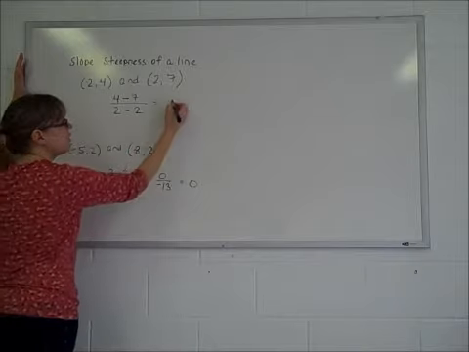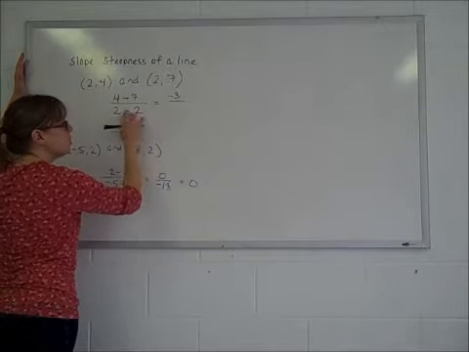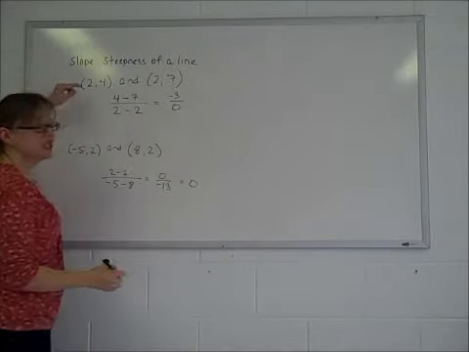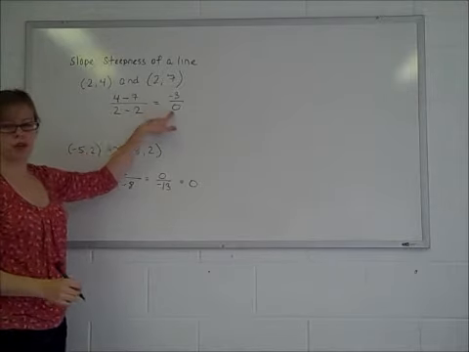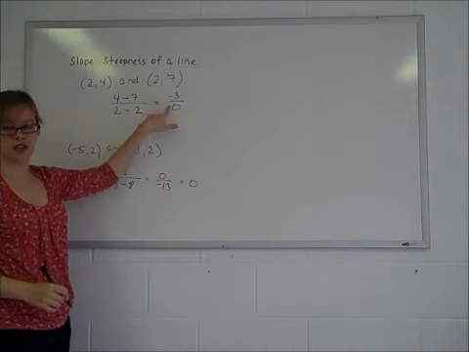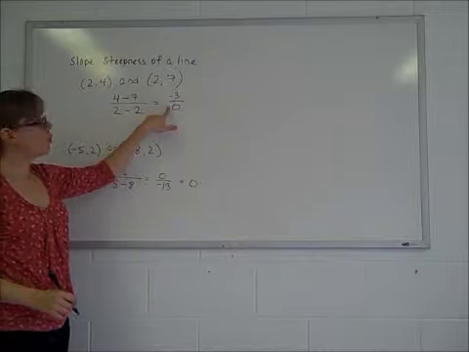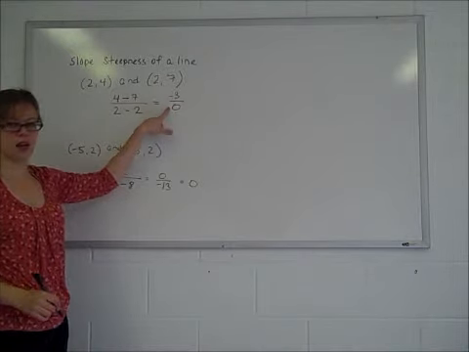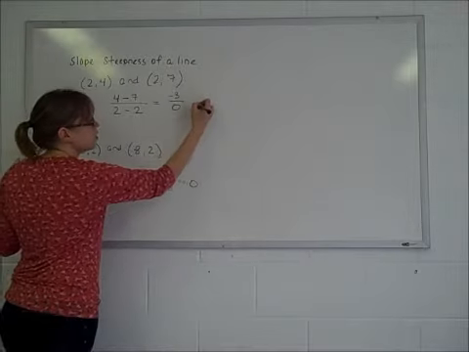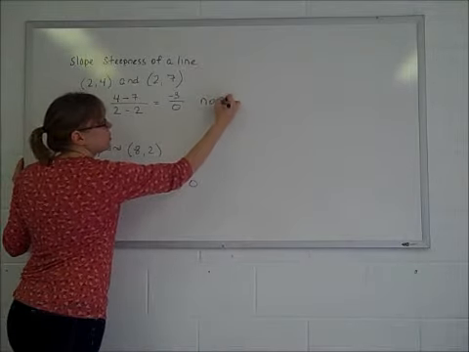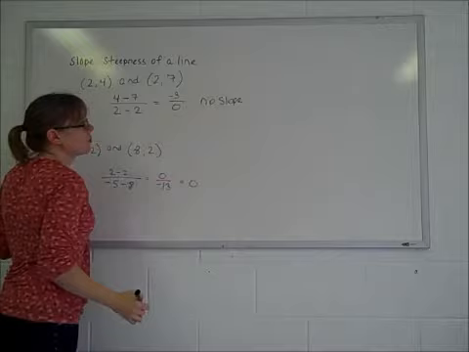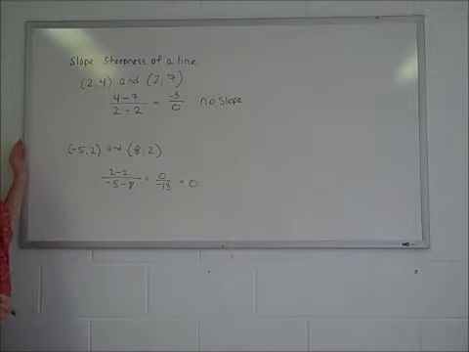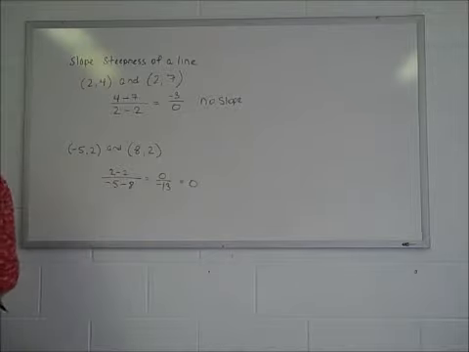So 4 minus 7 is negative 3. 2 minus 2 is 0. This isn't going to work. I know that I'm not allowed to break something into nothing parts. So if I was to plug this into the calculator, it's going to give me an error and say error divide by 0. So what this means is that there's no slope. In other words, I'm going to have a vertical up and down line.